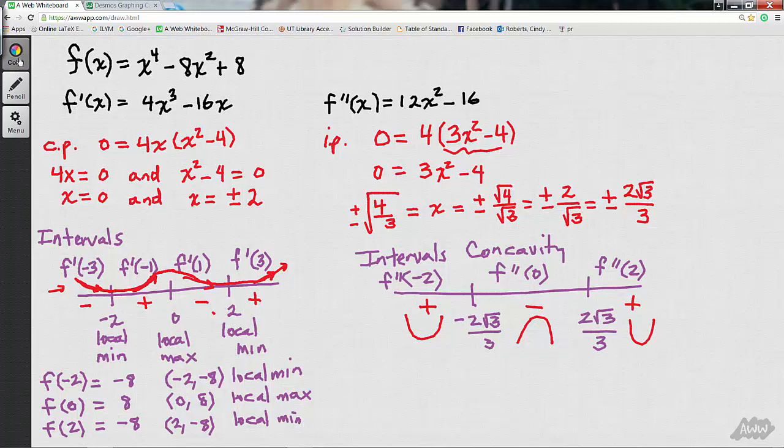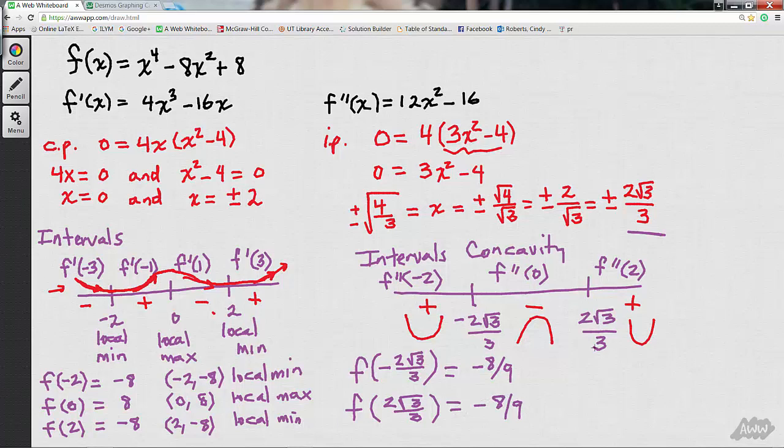And then finally, I would want to be able to plot these inflection points. So I go back to my original function and I plug in the -2 square root of 3 over 3 and the +2 square root of 3 over 3. And you should get, if you leave it as a fraction, -8 over 9 for both of them.